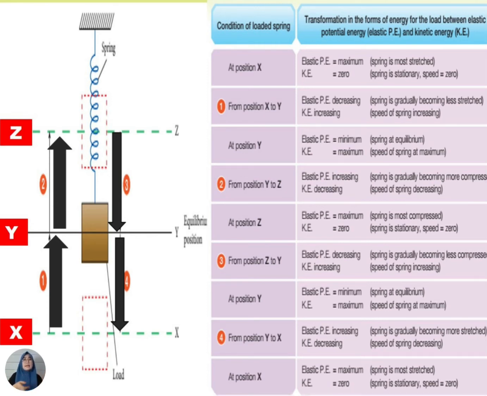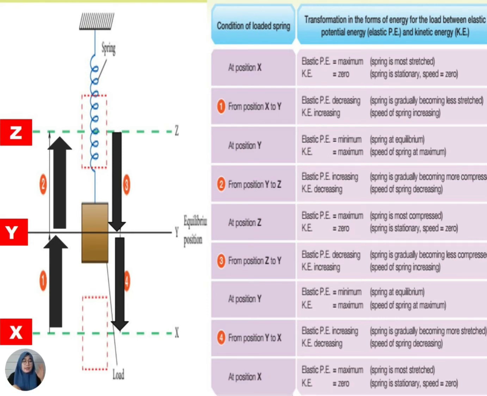As we know, there are two types of potential energy: gravitational potential energy and elastic potential energy. Now we refer to elastic potential energy. Look at position X. You can see here the equilibrium position is Y. At position X, you are stretching the spring, so the load will be lower.